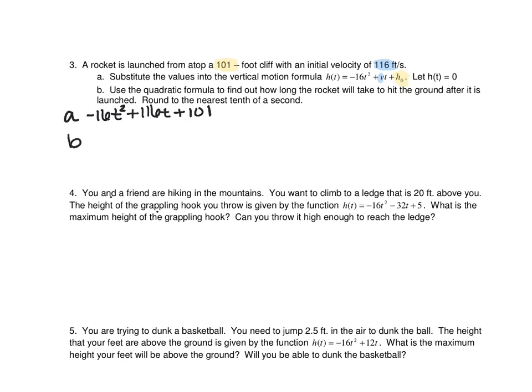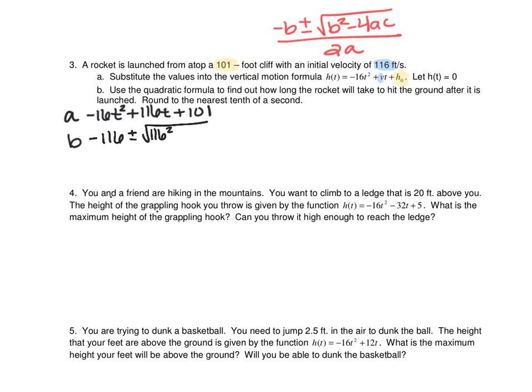And then we're going to use the quadratic formula to find out how long it will take the rocket to hit the ground. So the quadratic formula is negative b plus or minus the square root of b squared minus 4ac all over 2a. So I'll have negative 116 plus or minus the square root of 116 squared minus 4 times negative 16 times 101 all over 2 times negative 16.